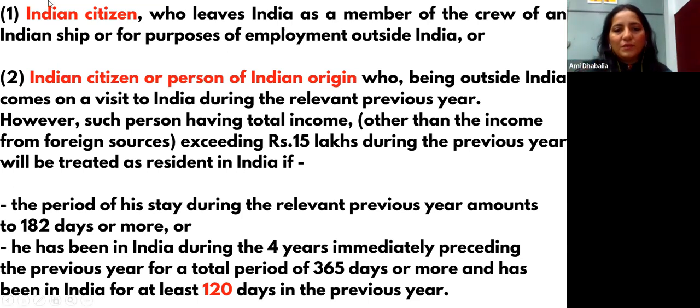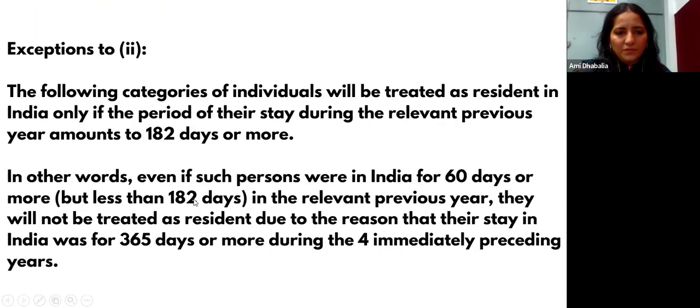So these are the people who are coming to India. All right. However, such persons having a total income other than foreign income exceeding 15 lakhs will be treated as resident if.